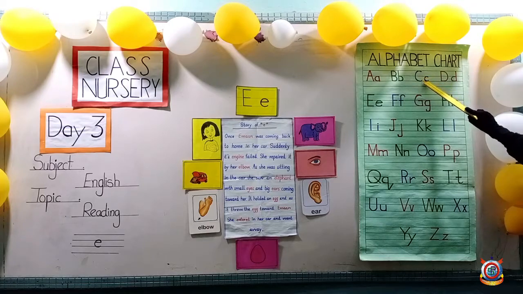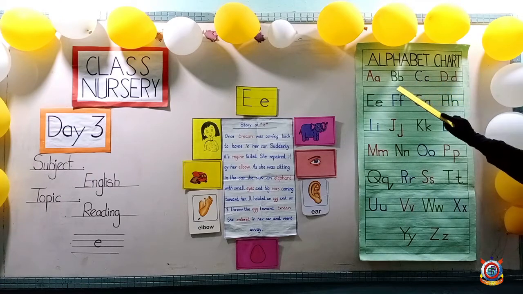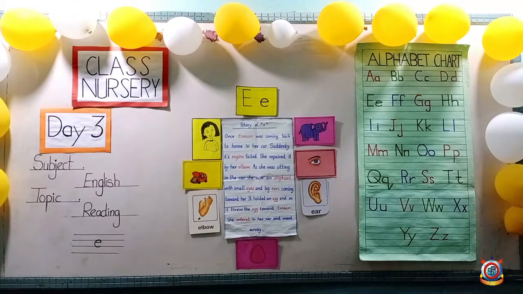The formation of D is all the way round, up and down. Formation of E is straight across all the way round. Okay, now we will move toward the reading.